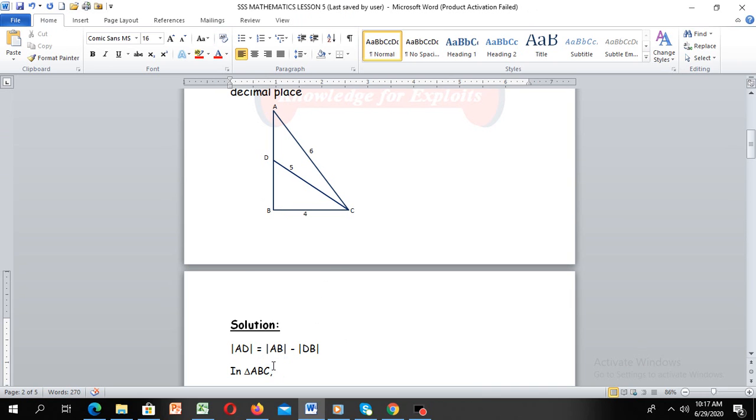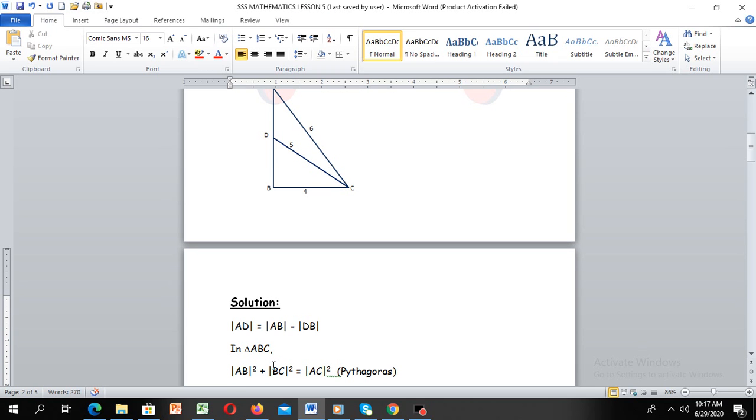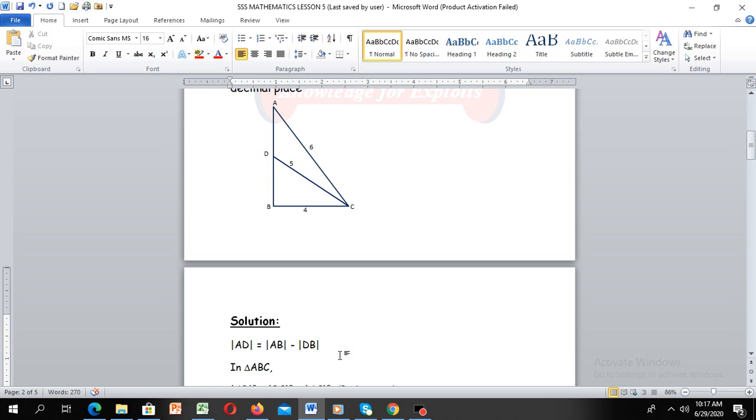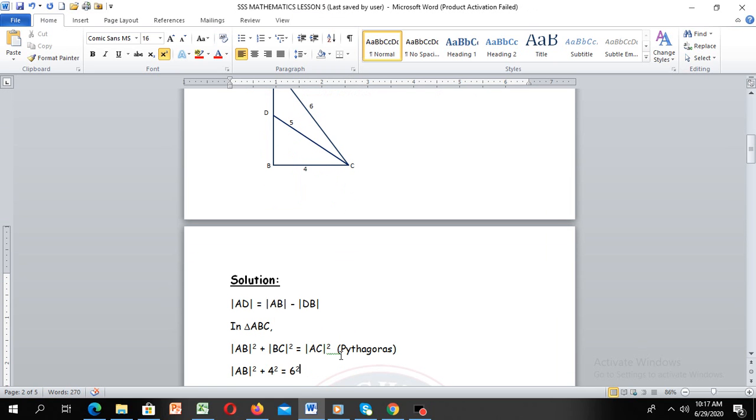Okay, in right angle triangle ABC, as usual, using Pythagoras rule, we have AB squared plus BC squared is equal to AC squared.